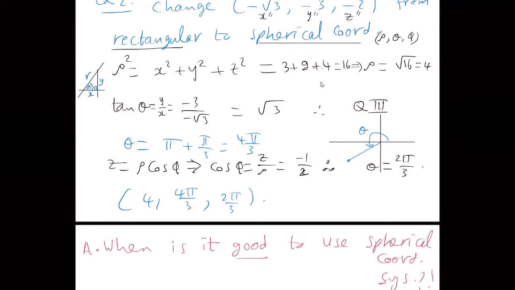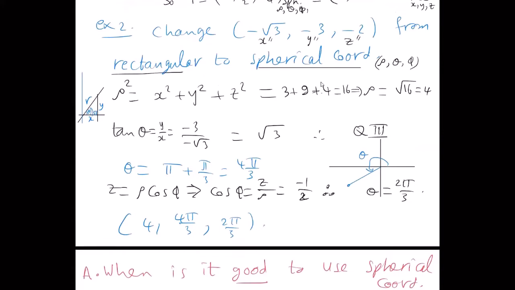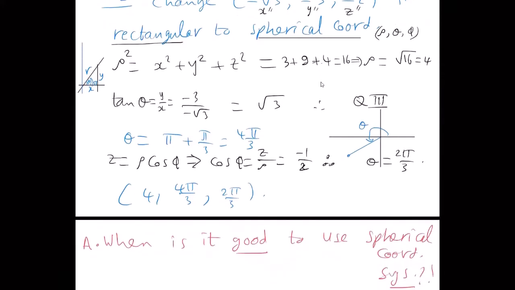Tan theta is y over x, as usual. So we have negative 3 over negative root 3, which is root 3. So we have the y is negative and the x is negative. So we are in quadrant 3.